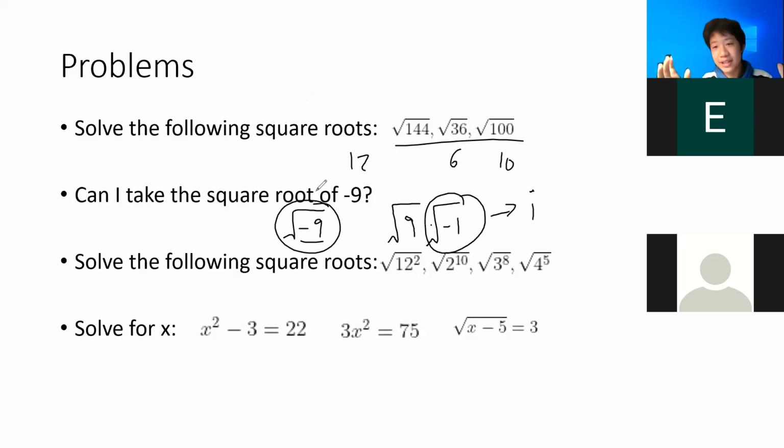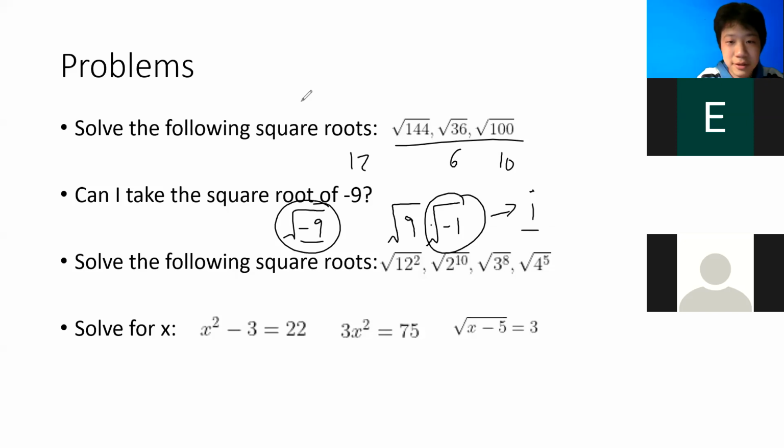You guys don't need to learn this right now, but in the modern world of mathematics, you can actually take the square root of negative numbers with imaginary numbers. It's just that these are not going to exist in real life. They're just imaginary. If I were to ask you the same question maybe 100 years before, then no, you wouldn't be able to. But now, mathematicians have said, hey, let's just do this. And yeah, there are a lot of really fancy things going on with imaginary numbers, but you don't need to learn them right now. Okay?